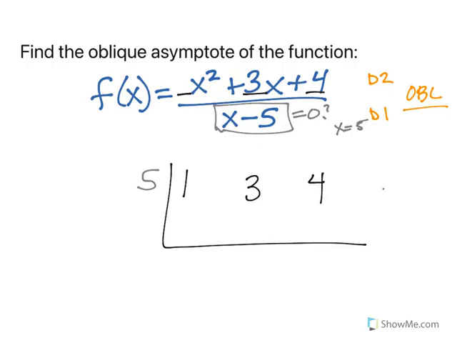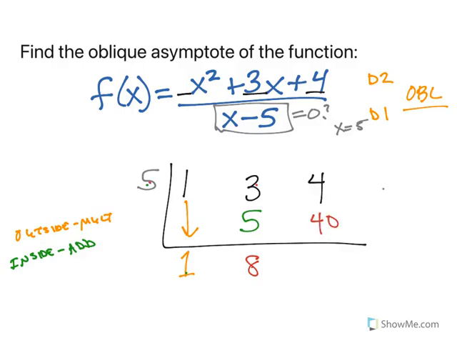And now, do you remember how to do synthetic division? Our 1 comes down. And if we are on the outside, we multiply. So I'm going to take 5 times 1, which is 5. And then on the inside, we add. So 3 plus 5 is 8. 5 times 8 is 40. 4 plus 40 is 44.